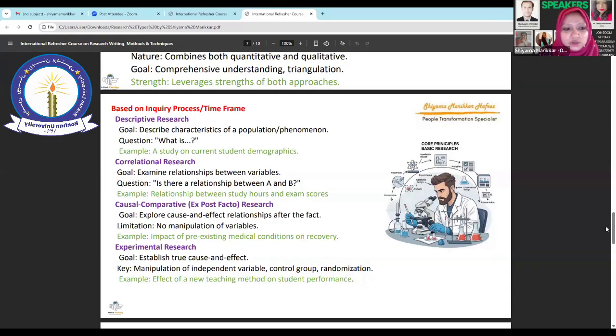And then causal-comparative or ex post facto research, we say, which means that we do research on an already existing cause and now find out the effect of it. Explore cause and effect relationship after the fact. So here, for example, the impact of pre-existing medical conditions on recovery. So the cause must have already happened.